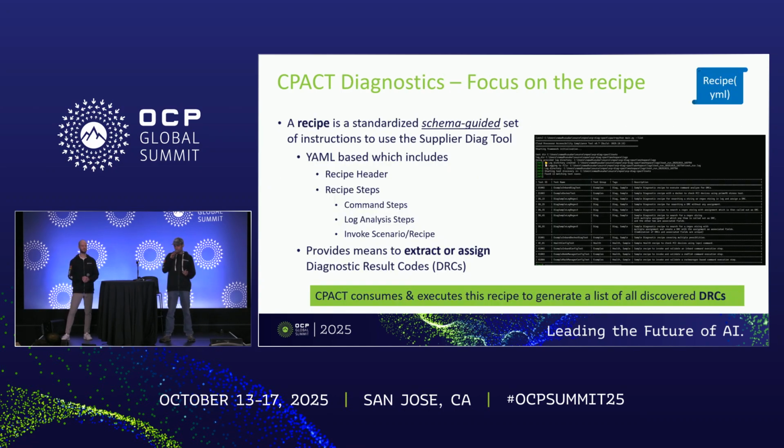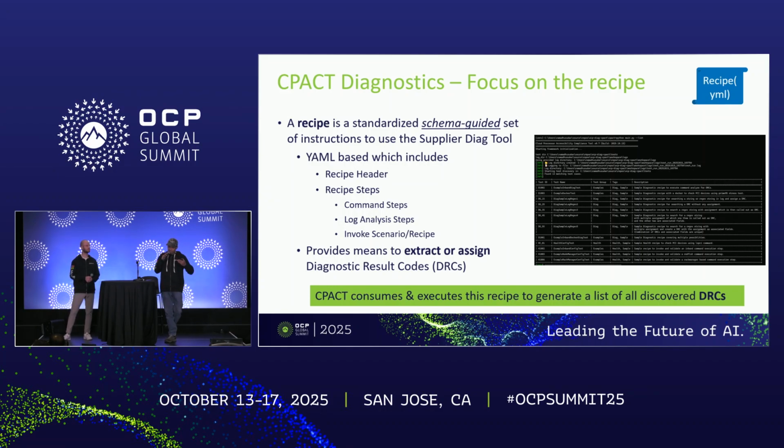All right. I did promise you I'll dig a bit deeper into the recipe. So as mentioned before, it's a standardized schema-guided set of instructions on how to use the supplier diag tool. It may include even the requirements before they begin the execution stages of the diagnostic tool. And just like any other compliance scenario, this diagnostic recipe is also YAML-based, includes a header. The header could include the container information if you have any.